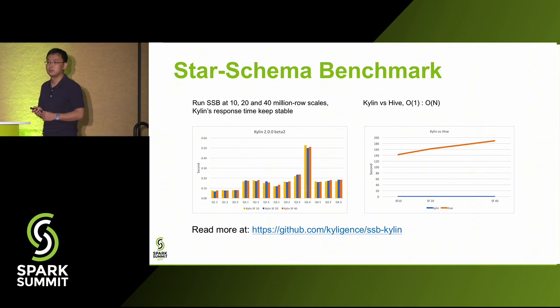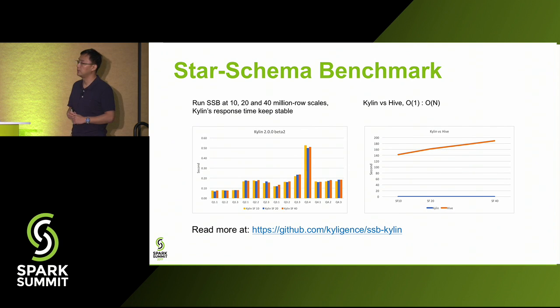Compared to Hive, which needs much more time because it doesn't have cube, and its response time increases as the data grows. So this verified the assumption we made on the previous page. The same schema and same amount of data in Hive and Kylin. Yes. For more information, you can check out this GitHub project. We publish the data model and the test result there.